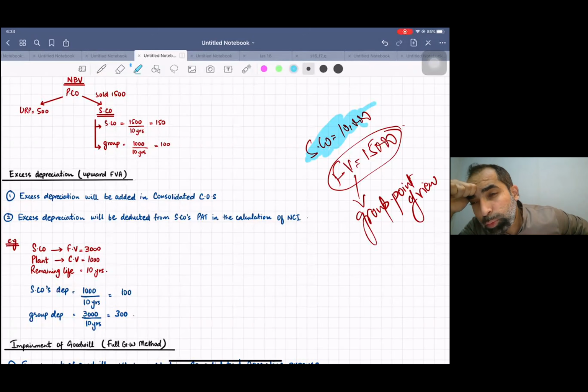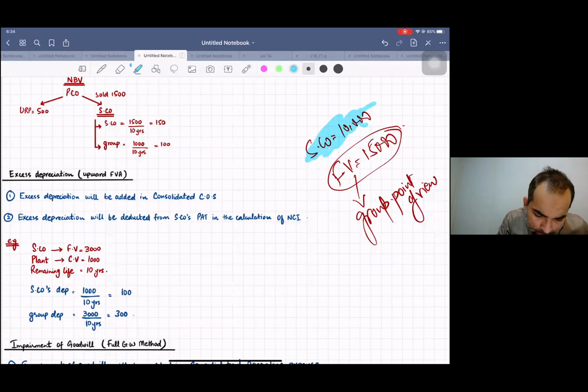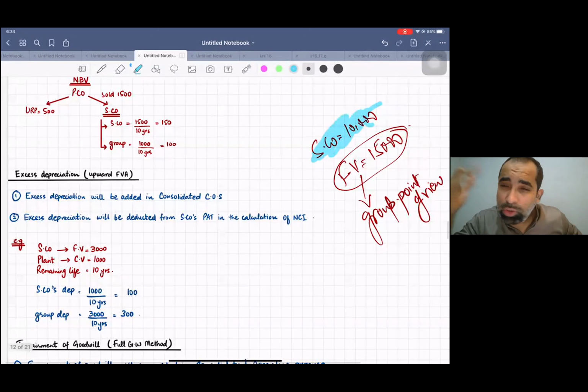So now you will increase S company's depreciation. You will book extra depreciation, and depreciation is booked in cost of sales. So the first step is excess depreciation will be added in consolidated cost of sales.